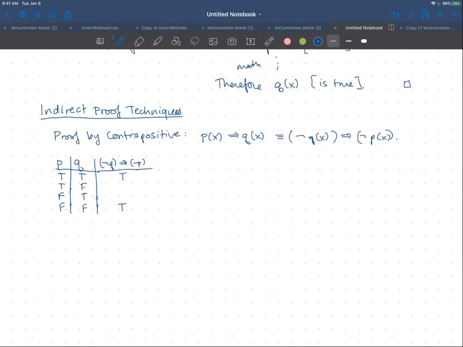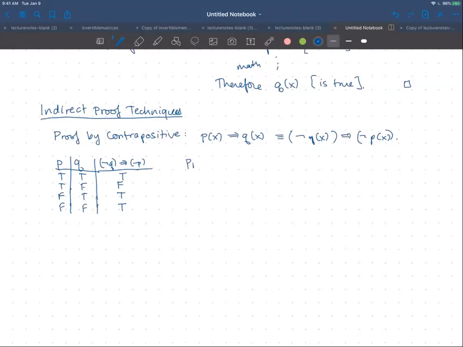So whenever I have a true in the Q column, that makes not Q false, and implications are true if their premises are false. When both pieces are true, our implication is true. And so the false happens when P is true and Q is false.